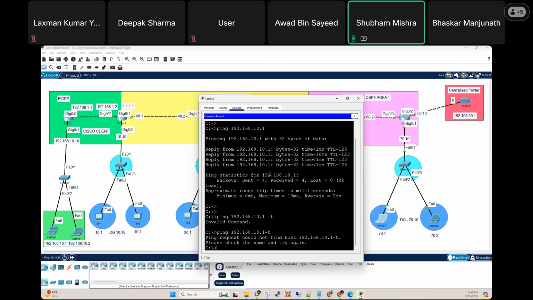In Packet Tracer, I think it will not work.